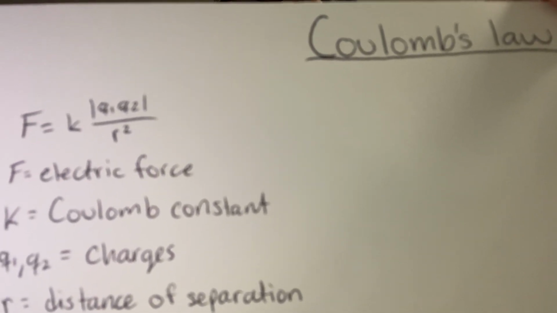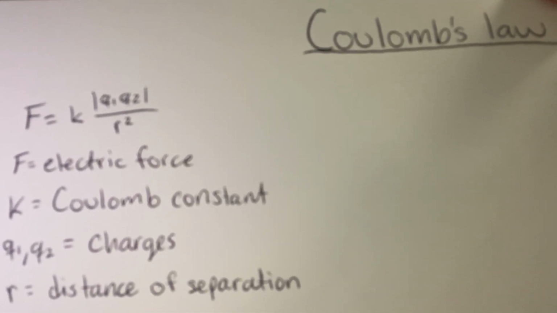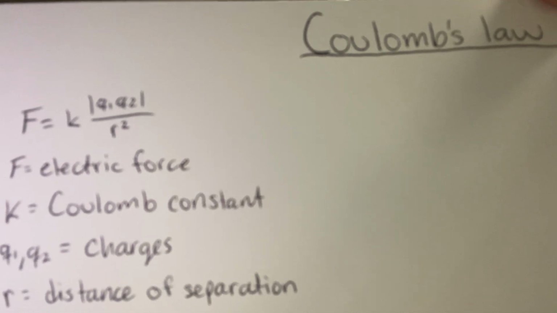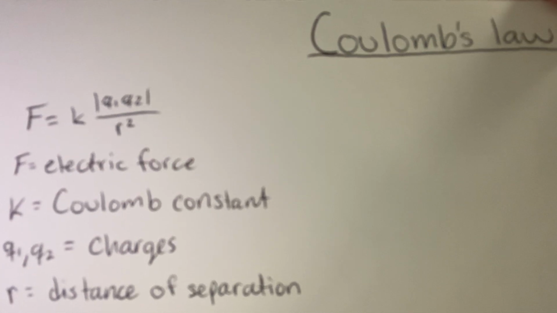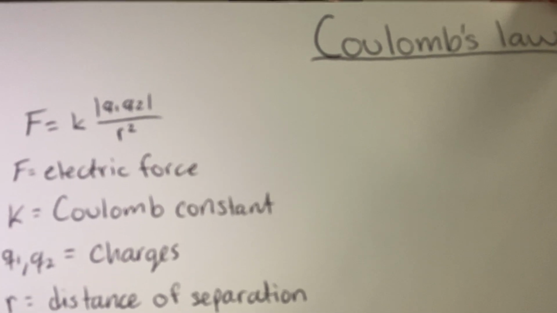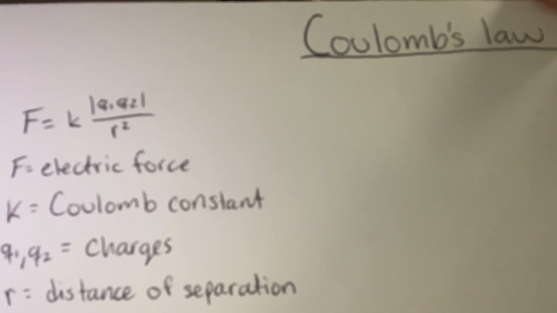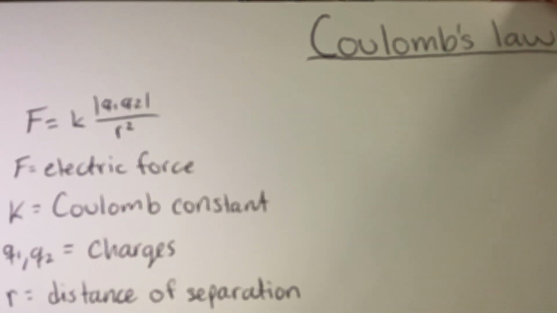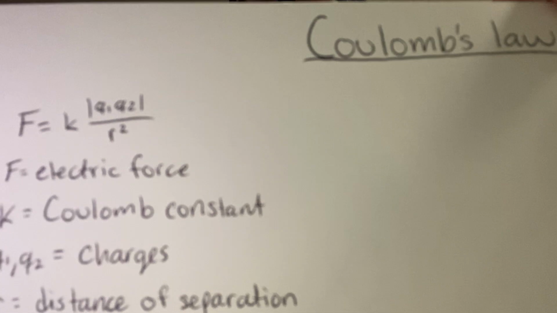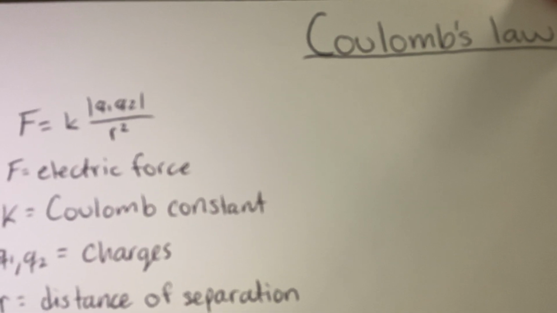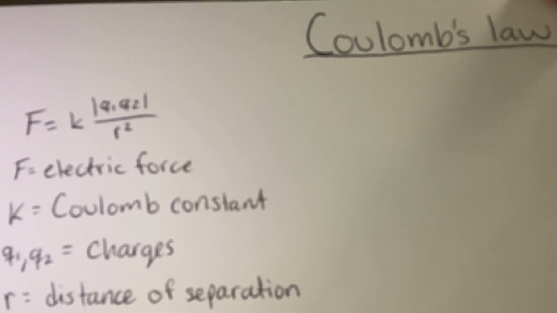But if Q1 and Q2 had the same sign, both positive or both negative, that force would be repulsive. And this law is mainly there to show us the magnitude of the force, whether it be attractive or repulsive.